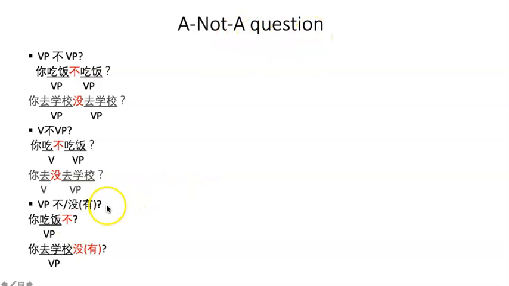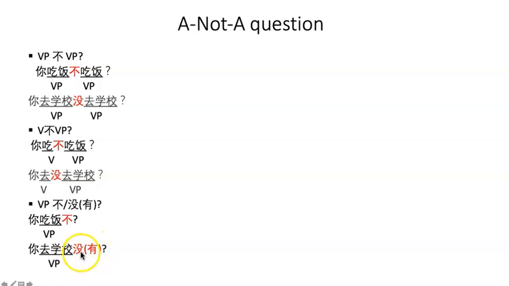This is particularly important to register because some students may be confused about the formal feature of this one. Even if there is no second component of verb or verb phrase, it is still an A not A question. 你吃饭不? is still an A not A question. 你去学校没? or 你去学校没有?